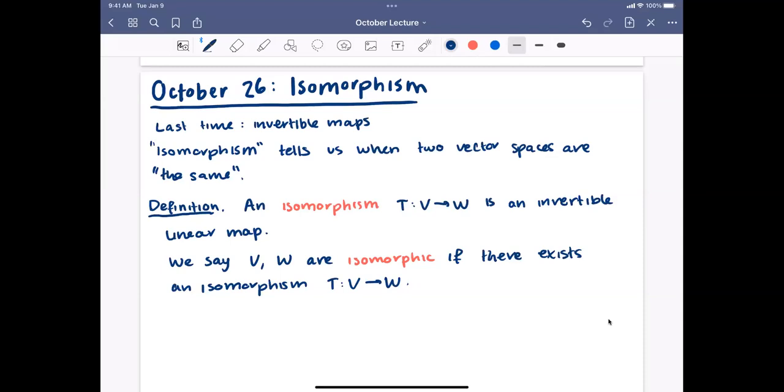The map T just tells you how to relabel the elements in V to be elements of W. Other than the names of the elements and the way the vector space is presented to you, you really can't tell the difference between V and W. Are there questions?